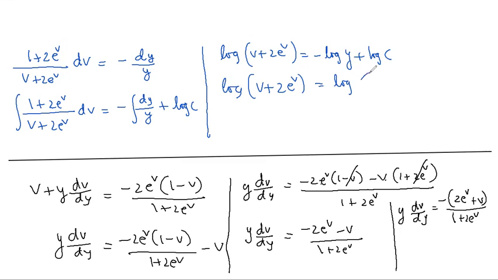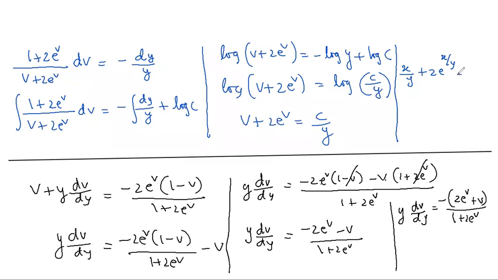Now v plus 2 e raised to v is c upon y. Now wherever v is there, you will replace it by x by y. Now taking y as LCM, this is the general solution. It's not a very difficult problem, but you need to practice it, then only you can do this problem well.